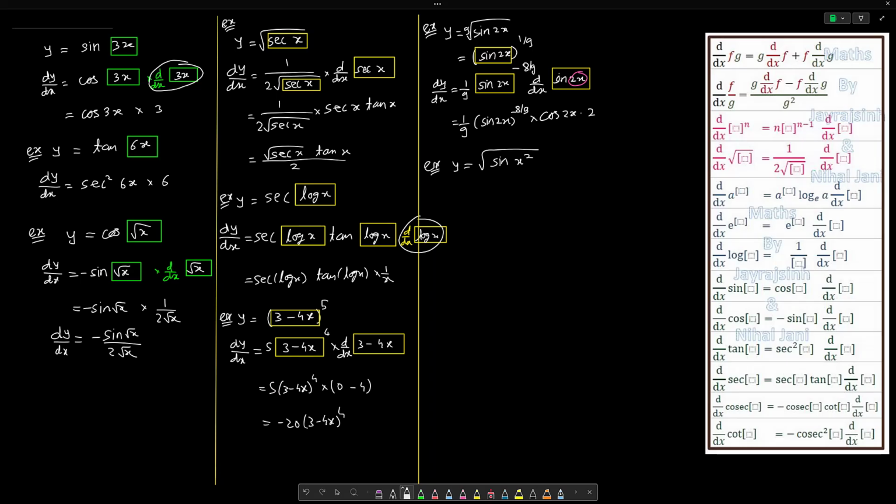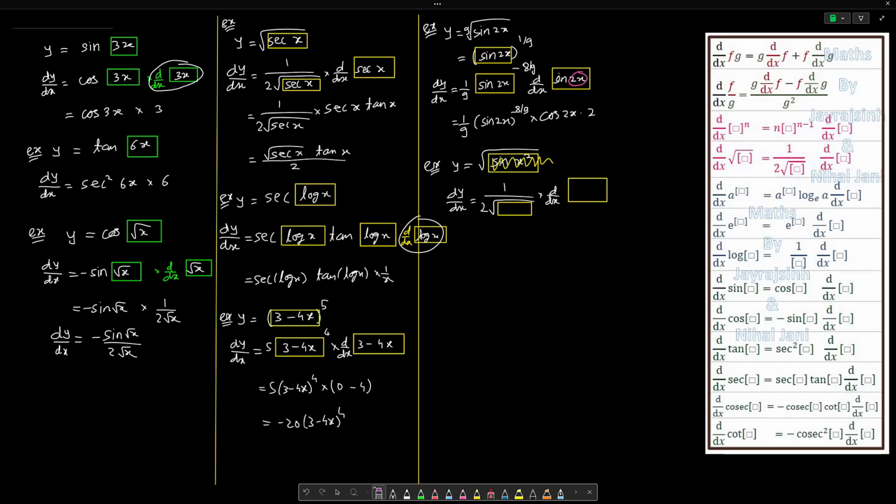Now, let's do it this way. Tell me, which is the outermost function? Root. So everything else is the box. So here we'll get differentiation of root box. Okay, so dy by dx will be 1 upon 2 root box into d by dx of box.